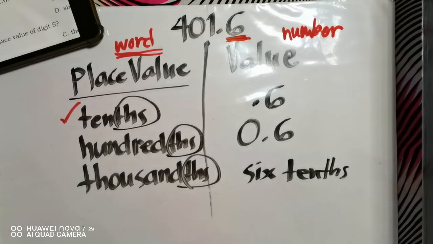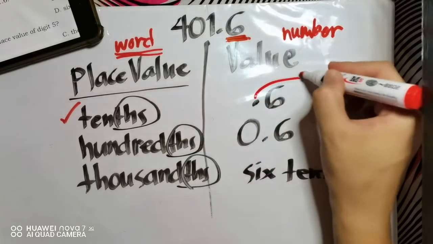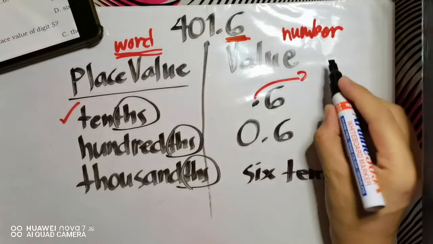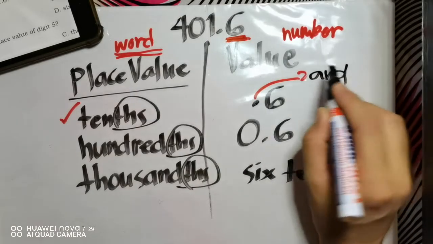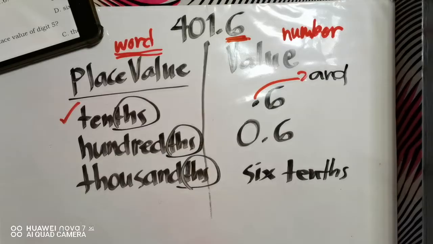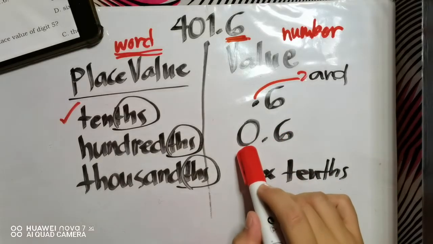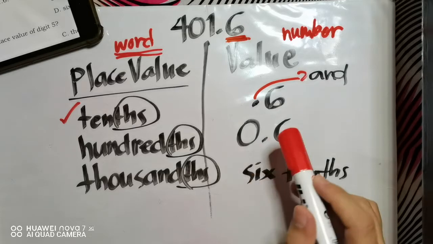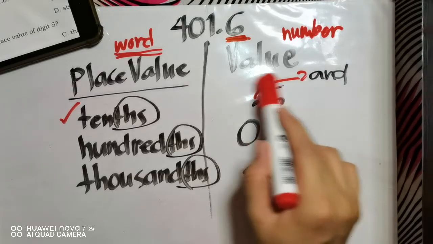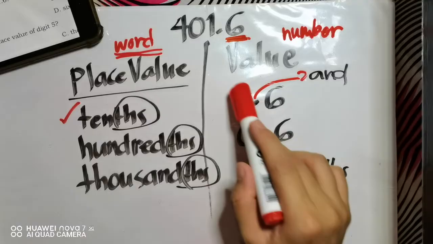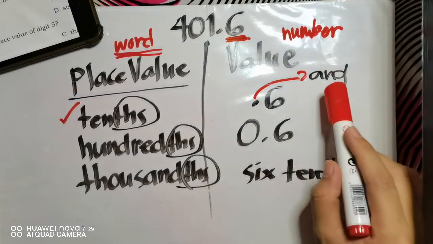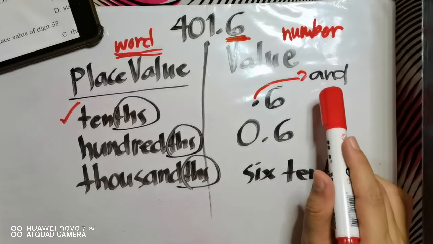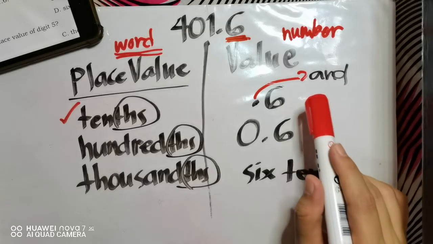Remember, ang basa natin sa decimal point ay "and." Especially kung merong nauna na number sa harapan na whole number, kahit na siya ay 0. But in this case, since wala namang number dito, you can just read it as 6/10, na it means na ito daw ay decimal.